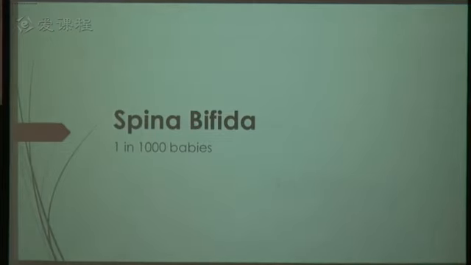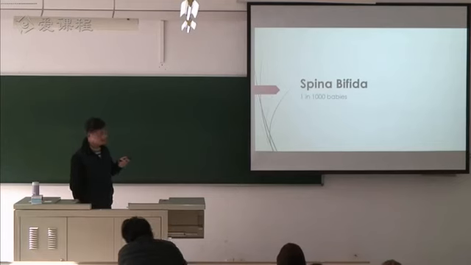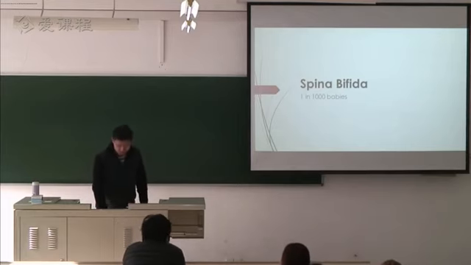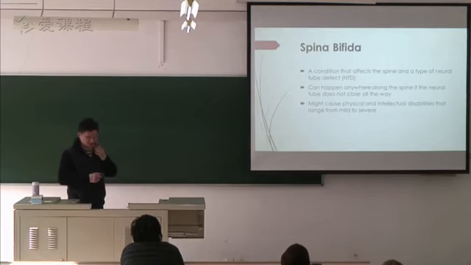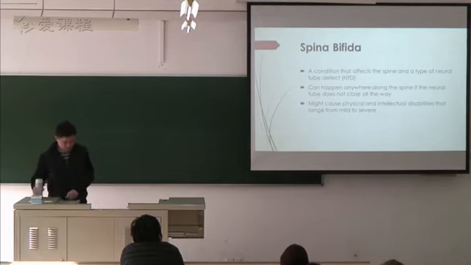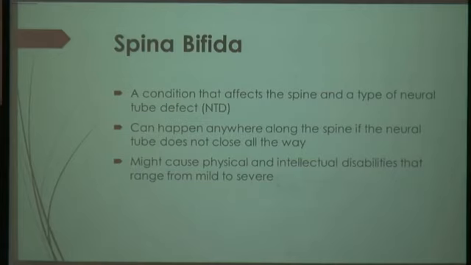Spina bifida occurs in 1 in every 1,000 babies. It's also quite common. It's a neural tube defect that affects the spine, and it can happen anywhere along the spine if the tube does not close completely.